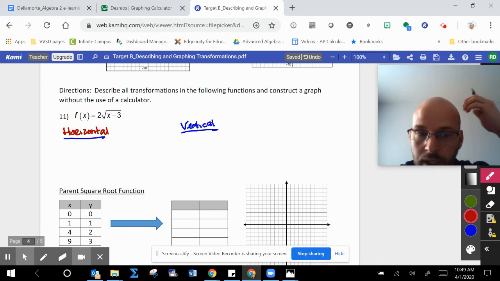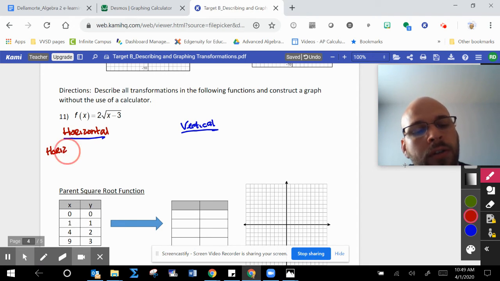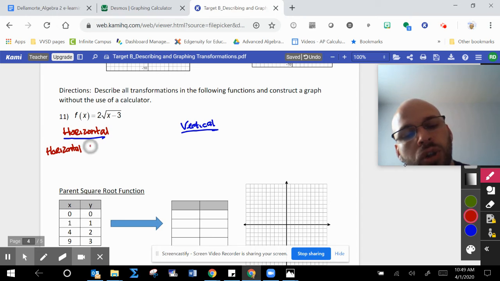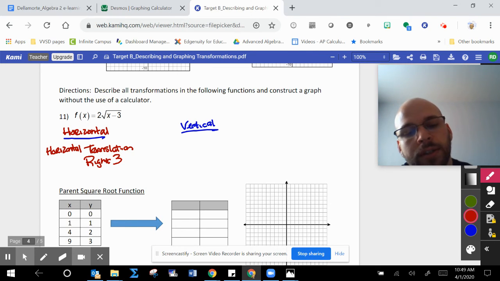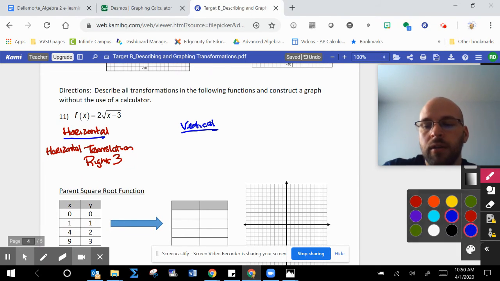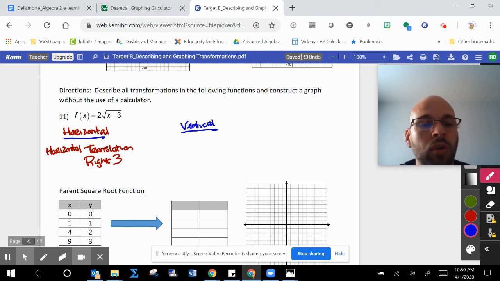Well, the only transformation that I have is going to be this -3 on the inside. And what that's going to do is be a horizontal translation right 3 units.